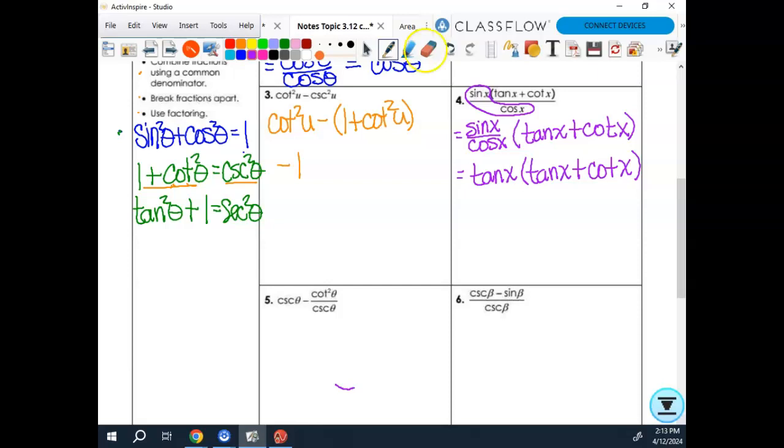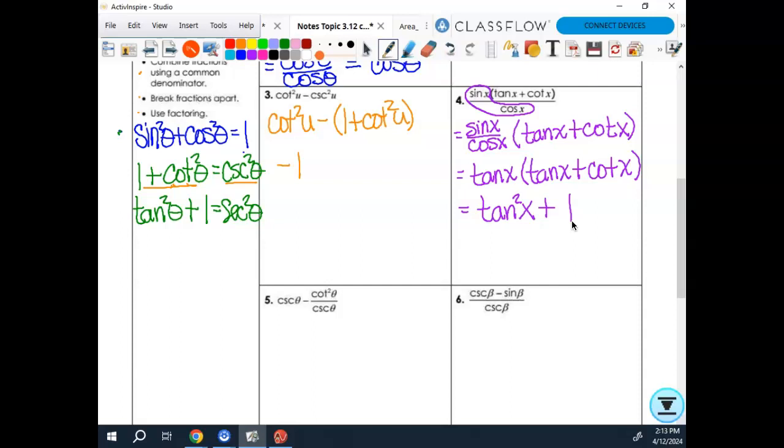So now that I have this, I can still distribute. This time when I distribute, it looks like it might help a little bit more. So tangent times tangent gives me what? Tangent squared x. And then tangent times cotangent is 1, because they are reciprocals, right? No need to make it complicated.